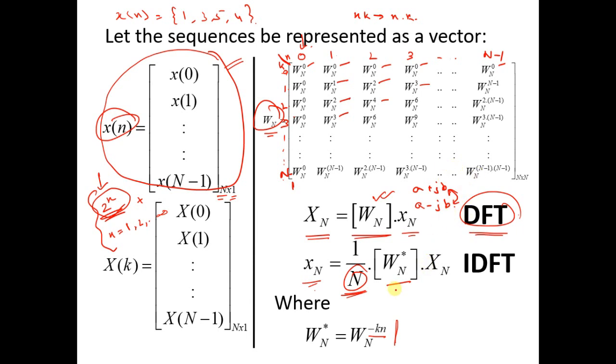That is multiplied by the frequency domain components and then by 1 by N. So that would give you the IDFT. Okay, so W star, the conjugate, is equal to W of minus kn by N. Okay, so you are just multiplying it with minus. Okay.